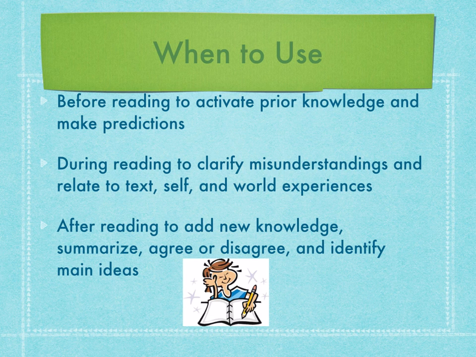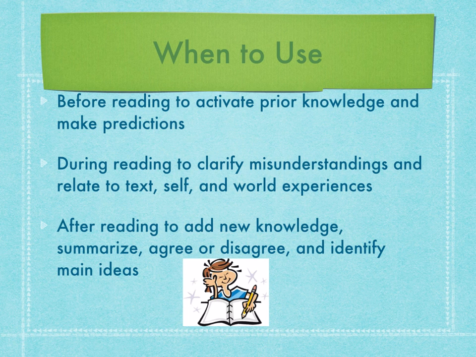When would we use this reading strategy? We would use it before, during, and after a text. Before, you would use it just to get them thinking, activate that prior knowledge, and get them to start making predictions about what you're going to read and what the main topic is about. During the reading, again, they're going to clarify things that they didn't really understand or understand better.